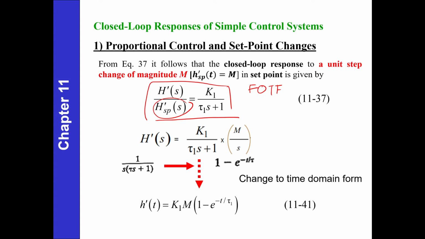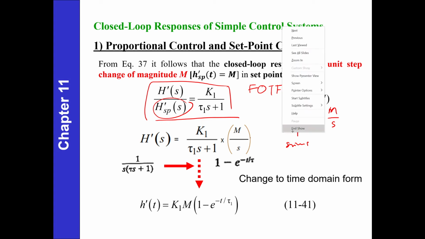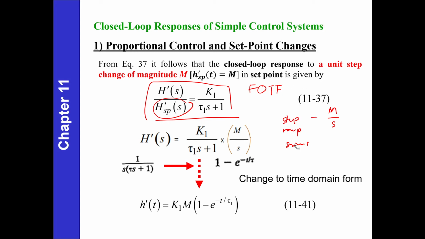There are step input, ramp input, and sinusoidal input. Each of them has its own transfer function. If you can remember, for step input, the transfer function is M over s. By considering only step, because commonly it is a step input.